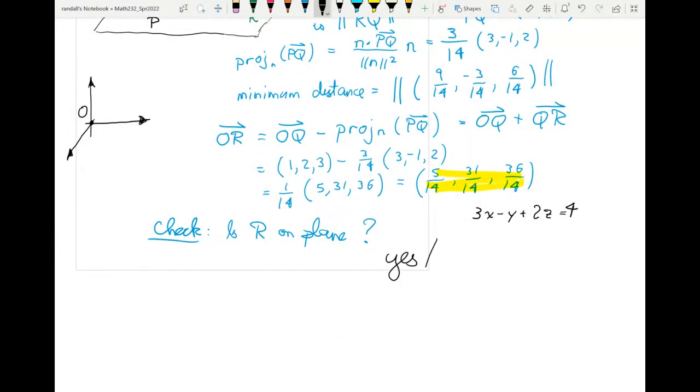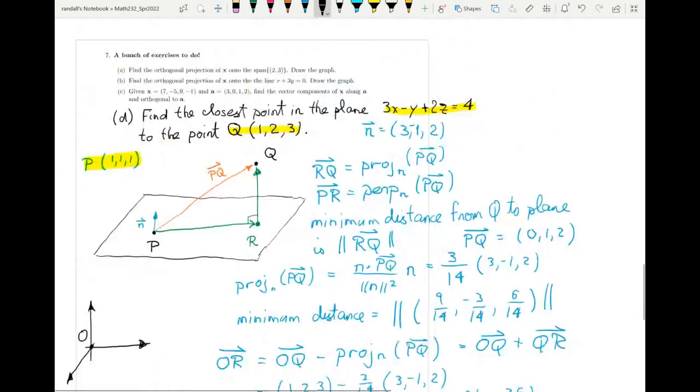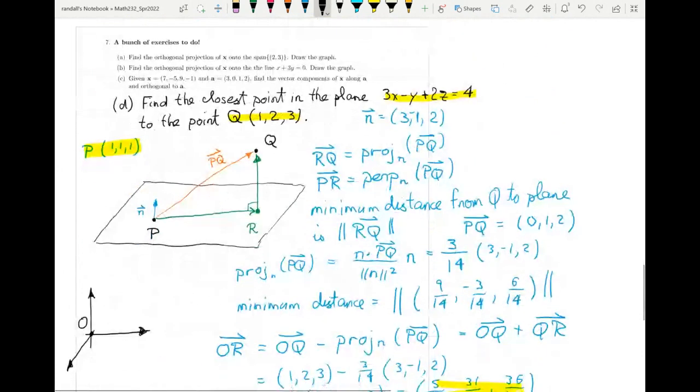When you plug in those numbers, 5 over 14 for x, 31 over 14 for y, and 36 over 14 for z, you do get 4. So that gives me confidence that I've found the right point. So in this problem, we've answered 2 questions. We found the minimum distance from Q to the plane, and we found the actual point in the plane.